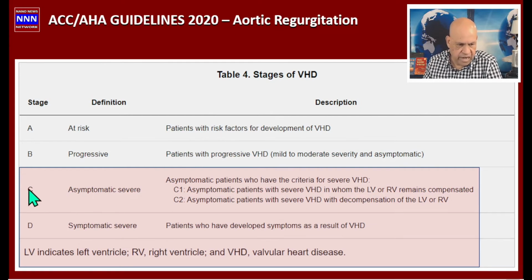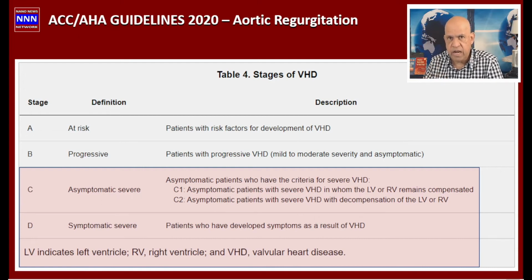Now let's take stage C, symptomatic severe. Symptomatic patients who have criteria for normal RV or LV systolic function. So now we are talking about C1 with normal systolic function. C2 is someone with valvular heart disease with decompensated LV systolic function.